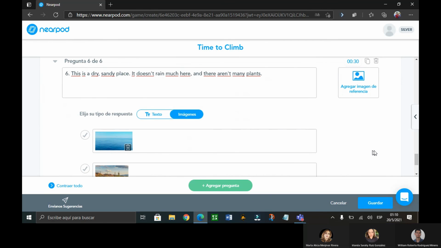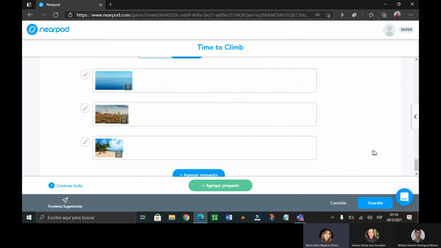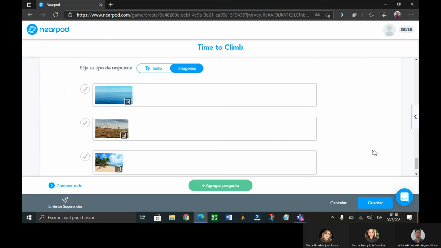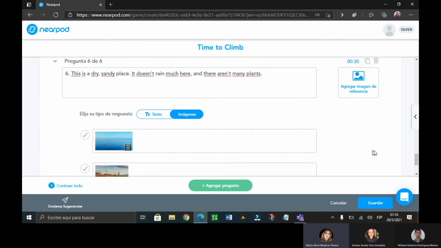It doesn't rain much here, and there aren't many plants. 1, 2, or 3. Number three. It's dry and sandy.